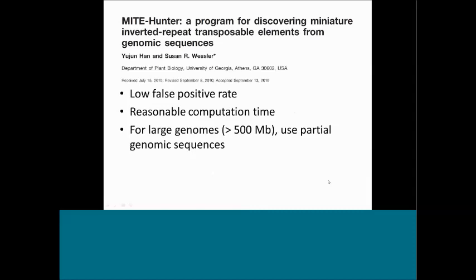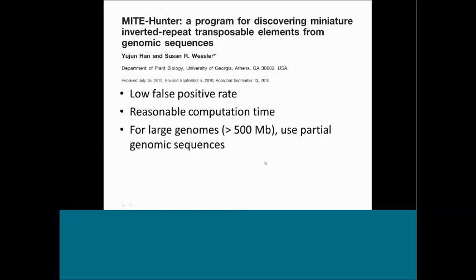To collect MITEs, we used a method called MITE-Hunter, which was developed by Ning Han and Susan Wessler. We used this method because the false positive rate of this method is low, and the computational requirement is reasonable. But of course, for a big genome, it will take a long time.